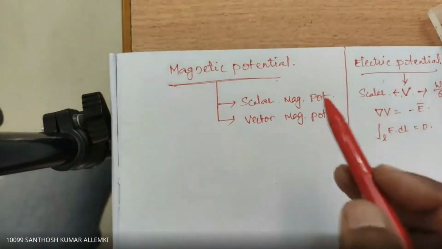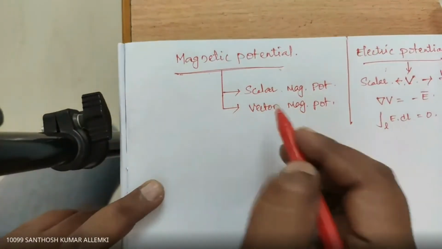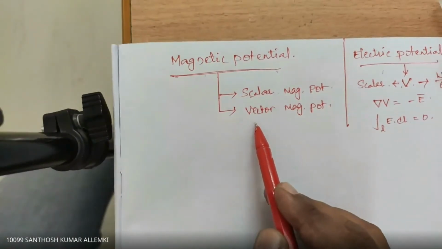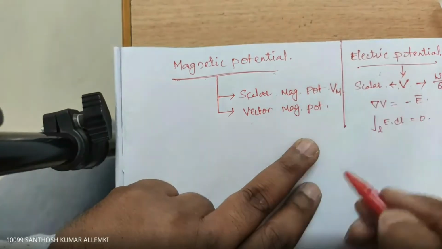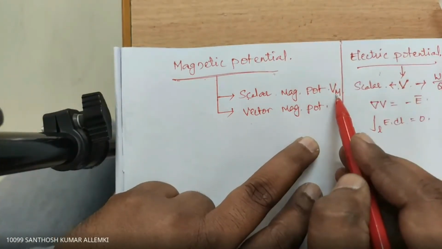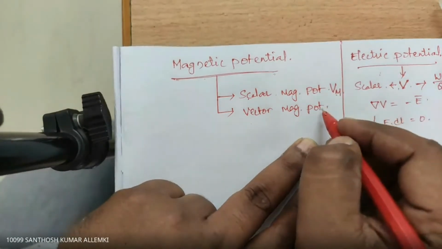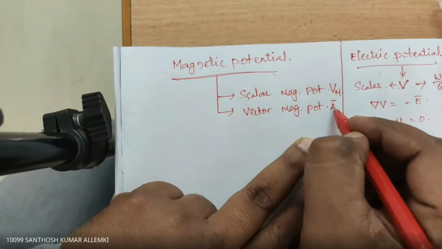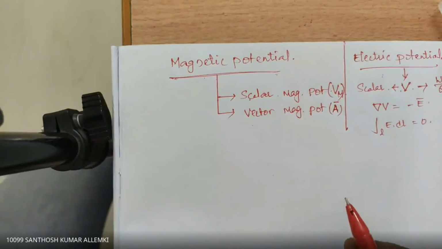These are the two types of magnetic potential: scalar magnetic potential, represented as Vm, same as your V but with the subscript M, where M represents magnetic, and vector magnetic potential, which is A bar. Remember, it is A bar. These are the symbol representations for the scalar and vector magnetic potential.